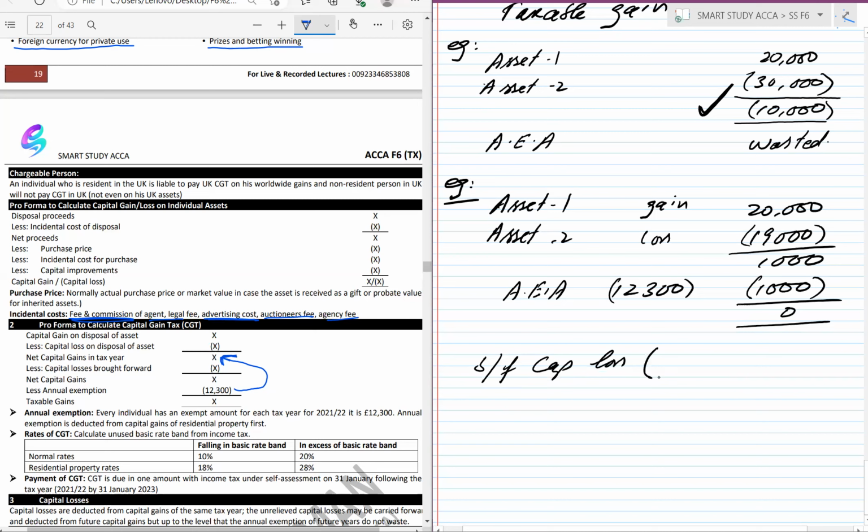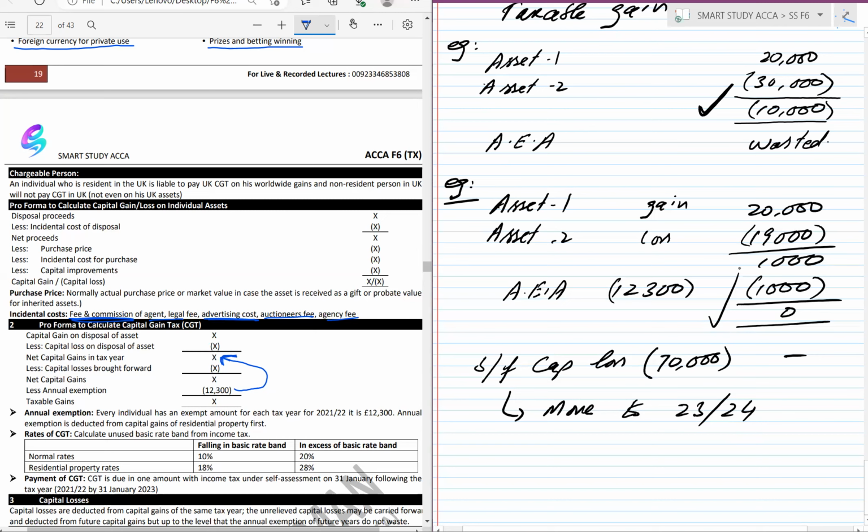So if we have brought forward capital loss of 70,000 pounds, these losses will not be utilized over here. We will move these losses to next tax year, which is 23-24. Because there are no remaining gains over here, our gains are reduced to zero.